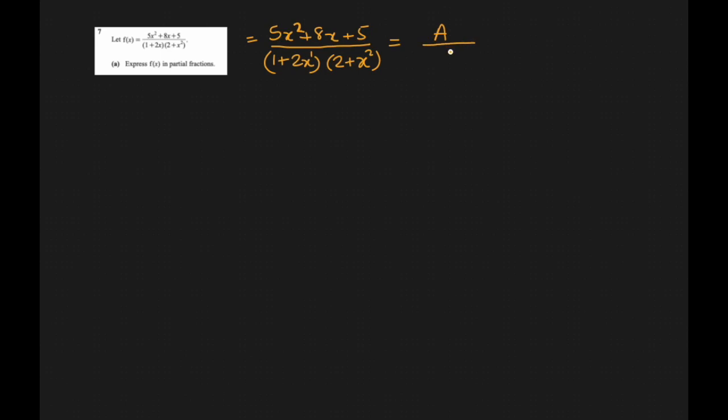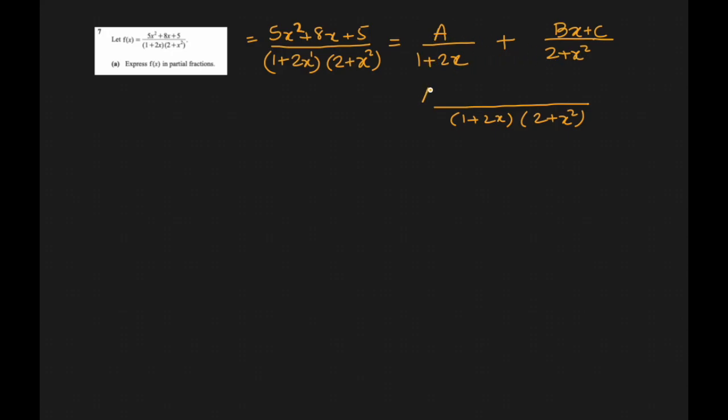So I'm assuming it a over 1 plus 2x plus b over 2 plus x square. No, because this is degree 2, so I have to write bx plus c here. Okay, let's find LCM of these two, which is 1 plus 2x and 2 plus x square. Now we'll cross multiply, because we have multiplied the denominators.